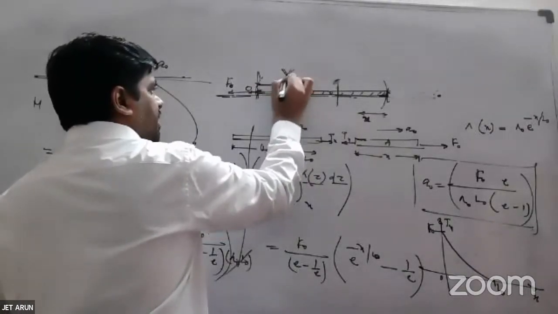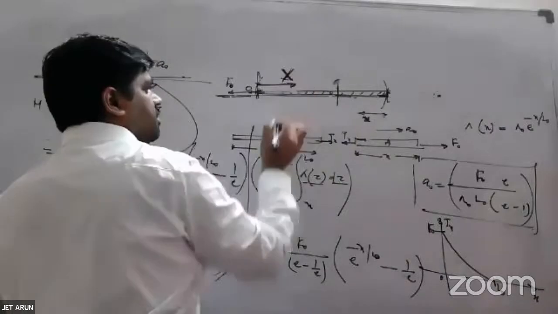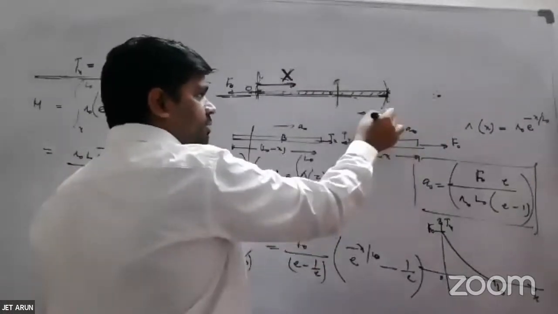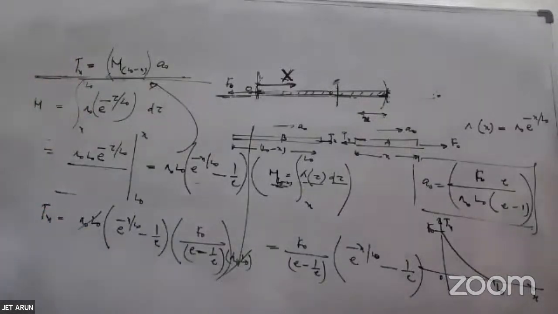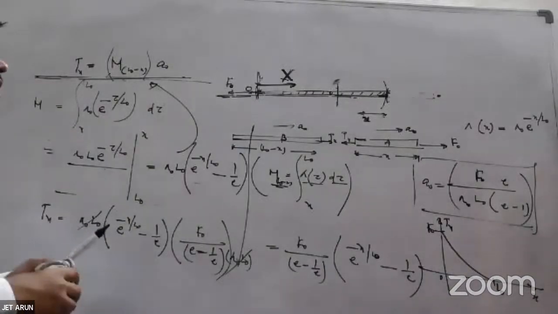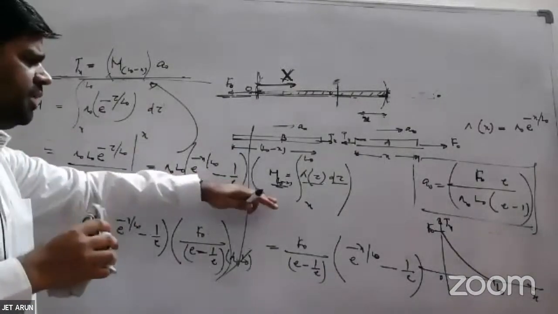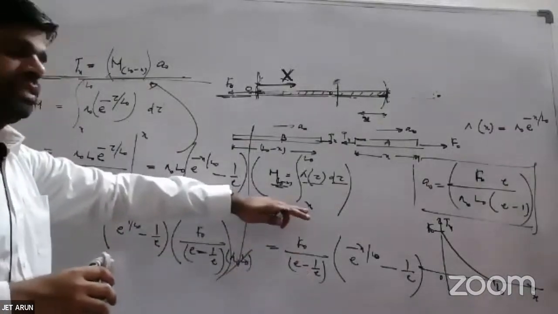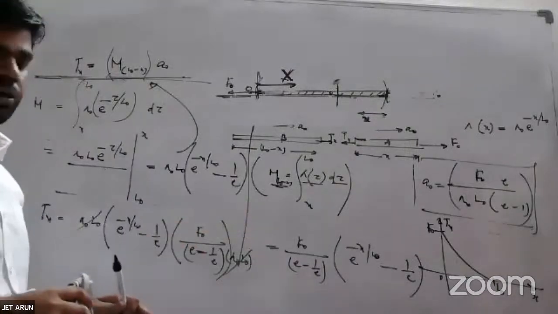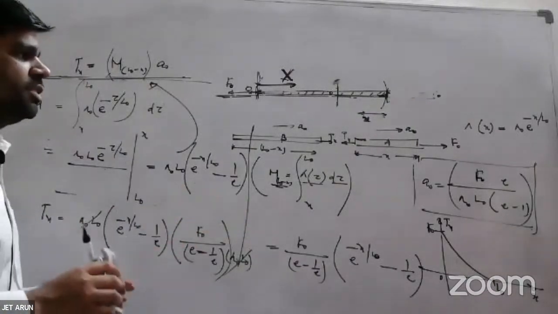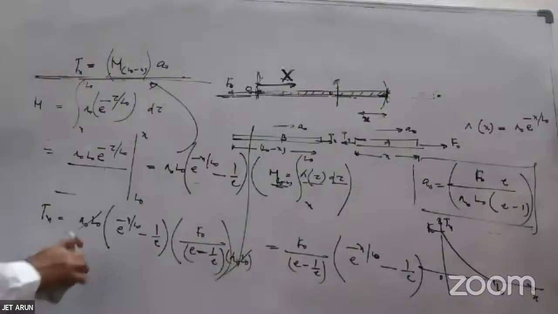Let the distance be capital X. But my lambda is measured from here. So try that as homework. How will you write the integral? Just frame the integral, I'll do the integration for you. You do the physics part of the problem, I'll take care of the math part. Don't worry about the integration. Integration is very simple, just formula based as of now.